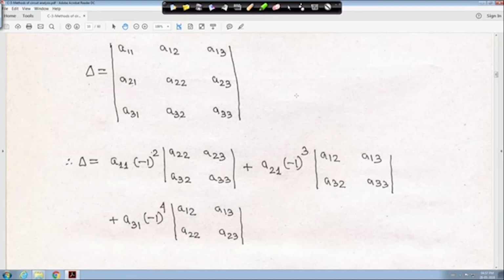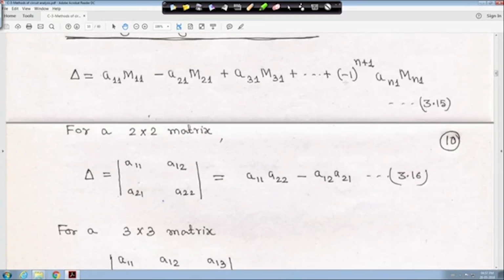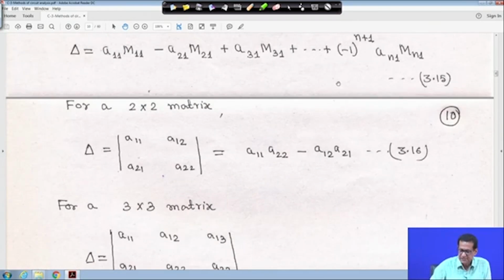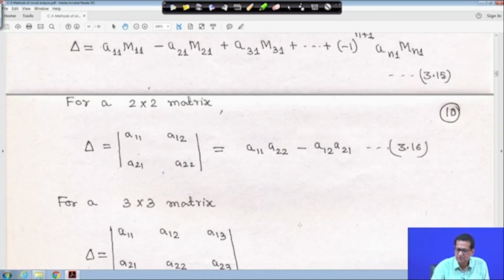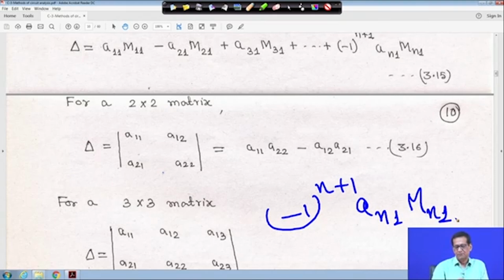Now look at the last formula, the nth term: minus 1 to the power n plus 1, then An1, then Mn1, right. Now put n equal to 1, n equal to 2 and n equal to 3.